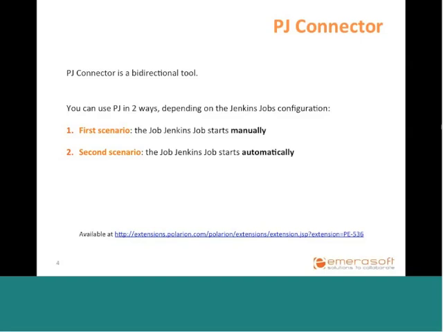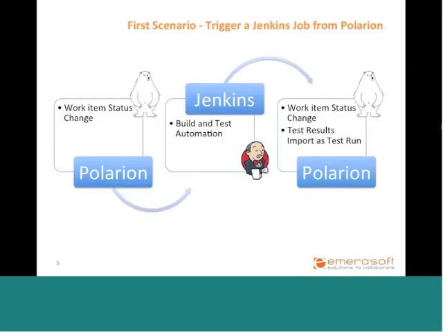Well, this first scenario is when the job starts manually. So you can use a work item to drive your build, deploy, and test automation process. There is a work item status change that launches a Jenkins job.